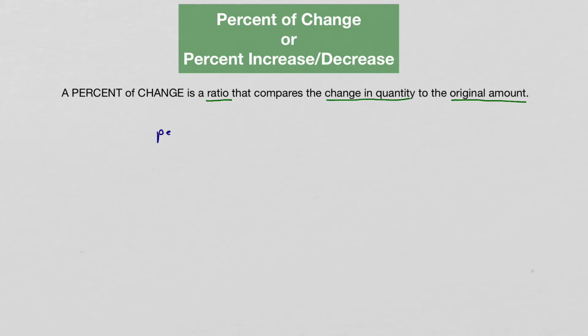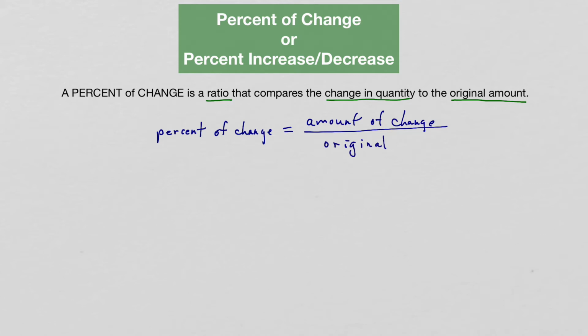The percent of change, and change could be an increase or a decrease, is equal to the amount of change divided by the original amount. This is the key equation for all problems regarding percent of change.